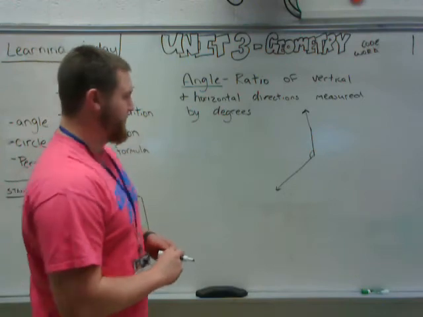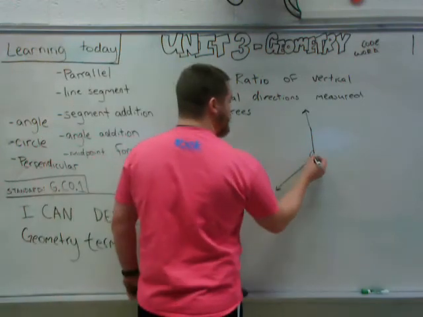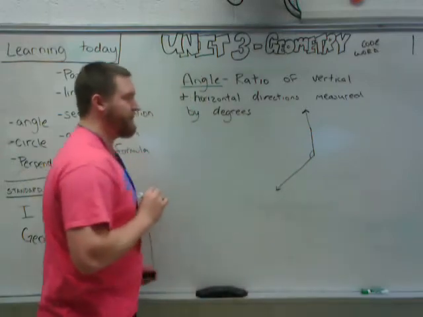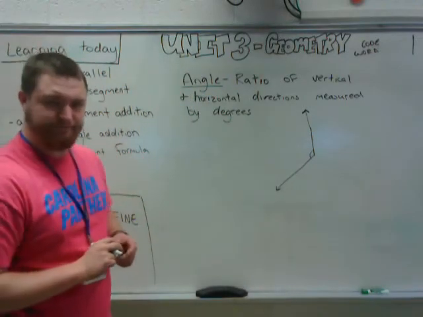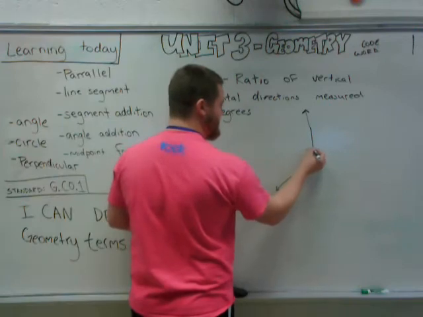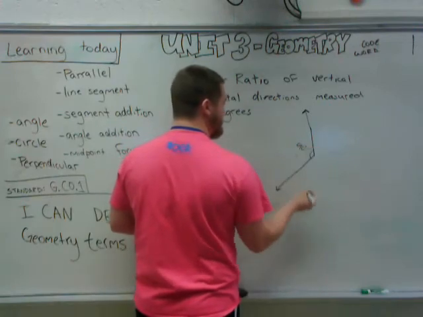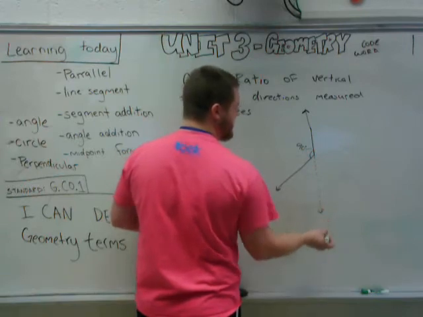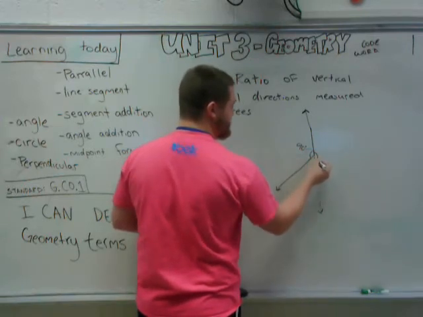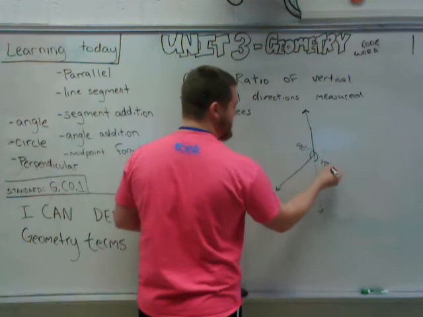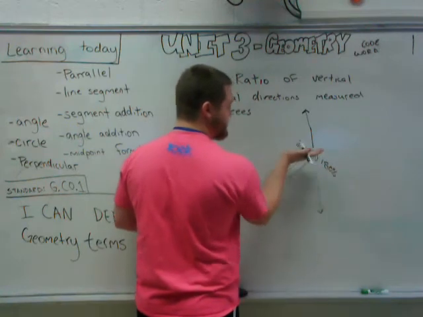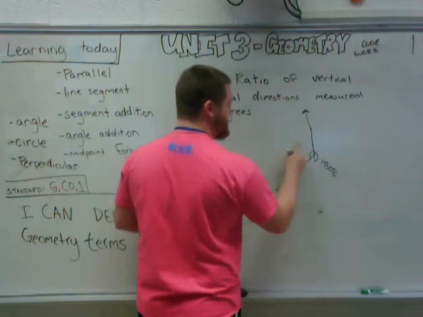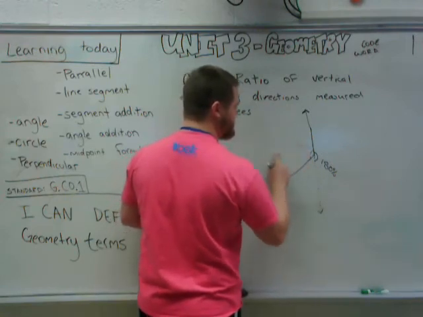So I measure this in degrees, and you know all this stuff about angles, but a perfect right angle is what degrees? 90. Good, 90 degrees. If it is a straight line, the measure of that angle is 180 degrees, which makes sense because 90 is half of 180, which will be halfway around.